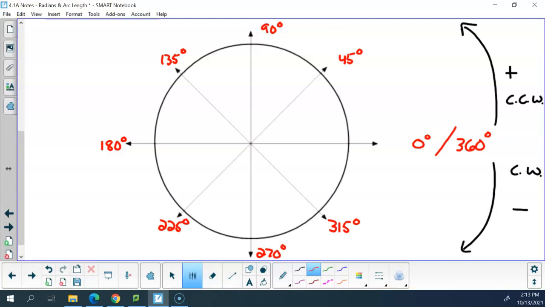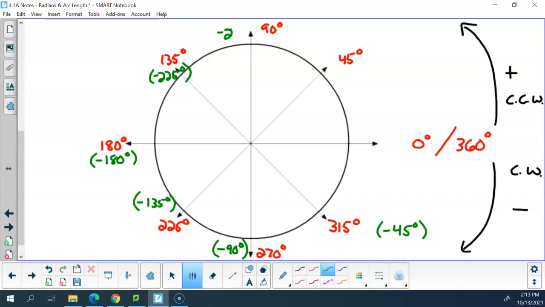If we go in the negative direction, then this would be negative 45 degrees. This would be negative 90 degrees. Negative 135 degrees. Negative 180 degrees. Negative 225 degrees.